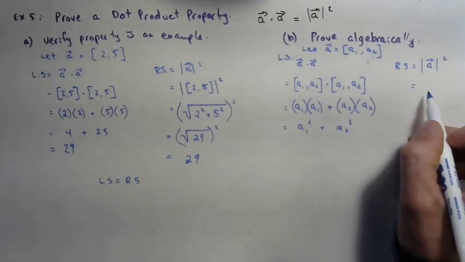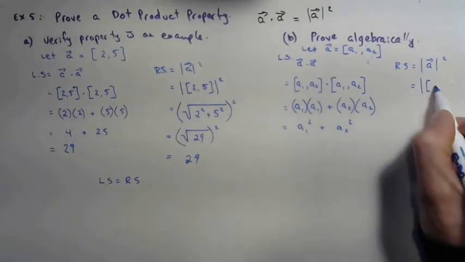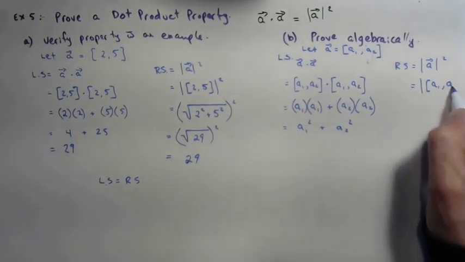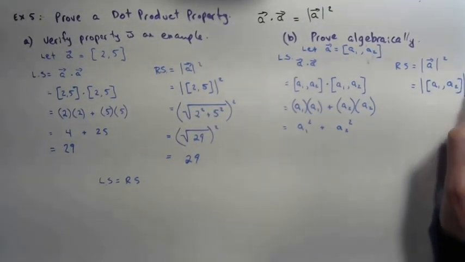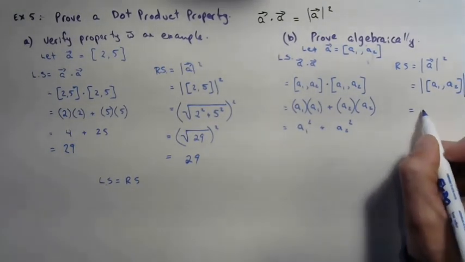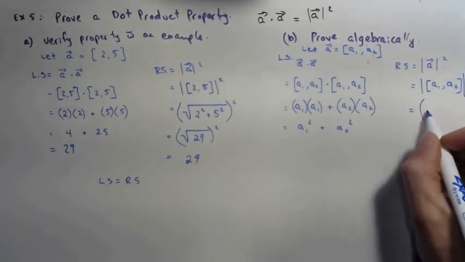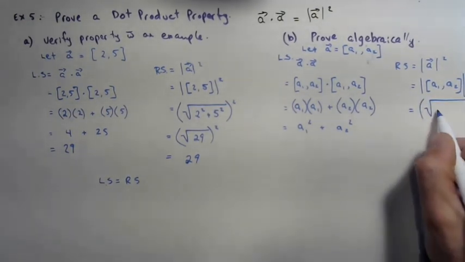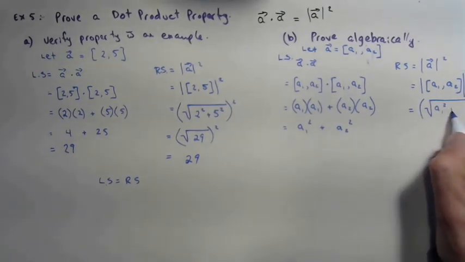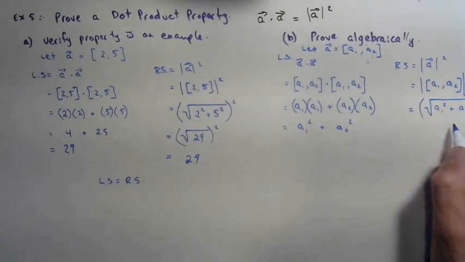Over here, the vector A is A1, A2. We're squaring that, which means inside our bracket here, we're taking the square root of A1 squared plus A2 squared, and we're squaring that.